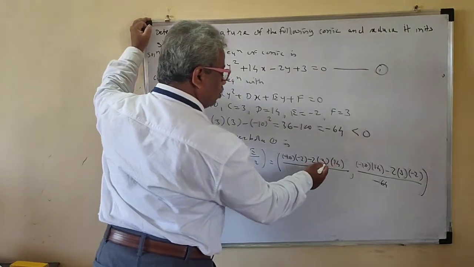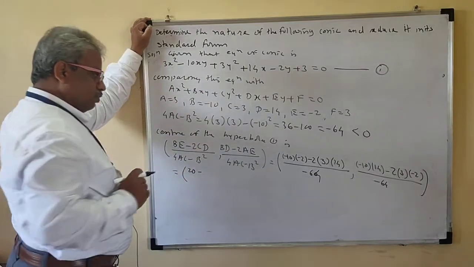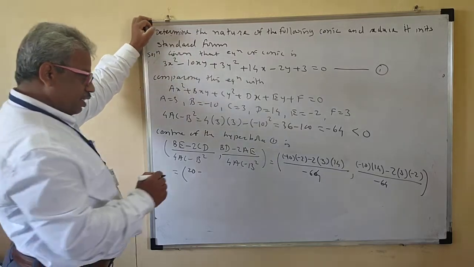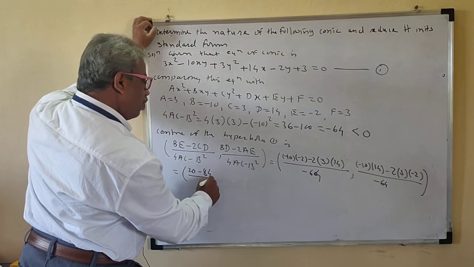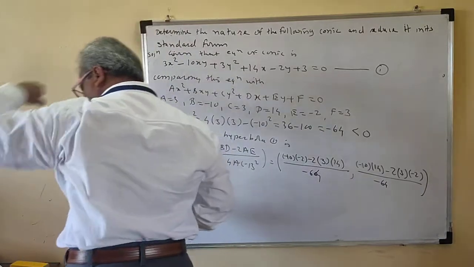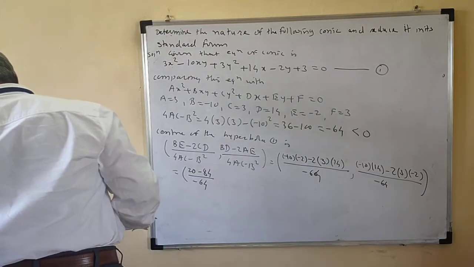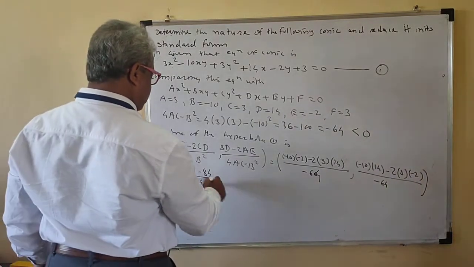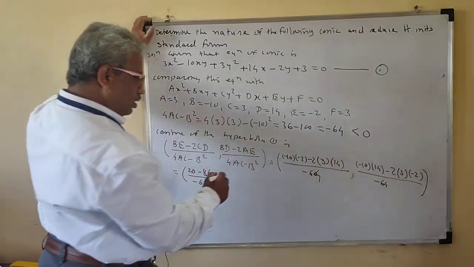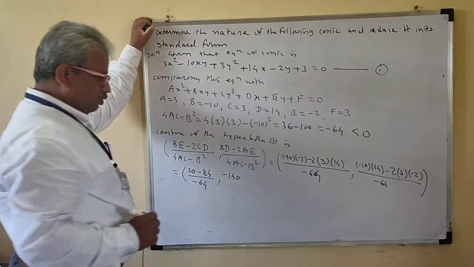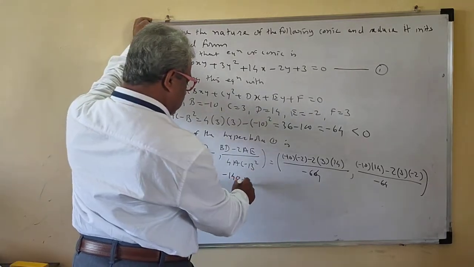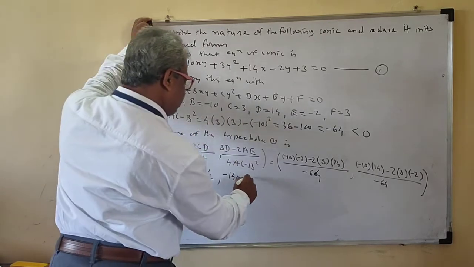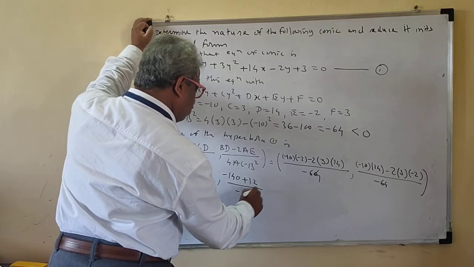Then this is minus 140, minus minus becomes plus, 6 into 2 is 12, upon minus 64.